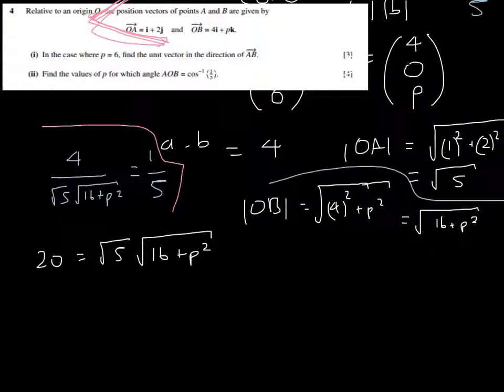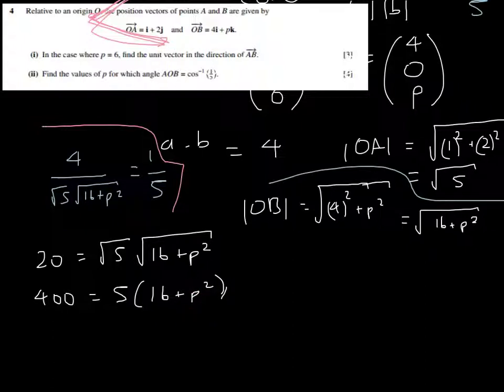Now we can square both sides, and that will help us get rid of the surd sign. If we square both sides, we get 400 equals 5 times 16 plus p squared, which is pretty exciting because we've got a quadratic about to emerge.